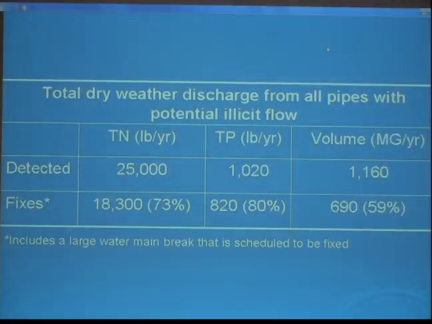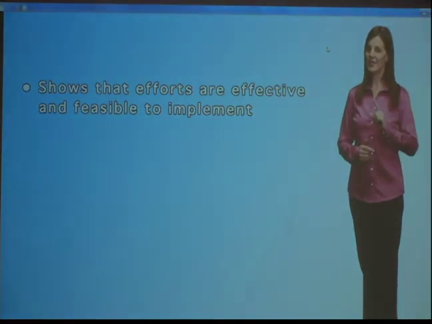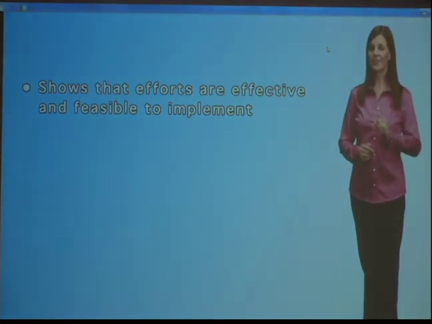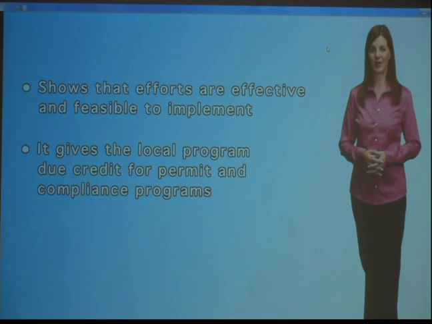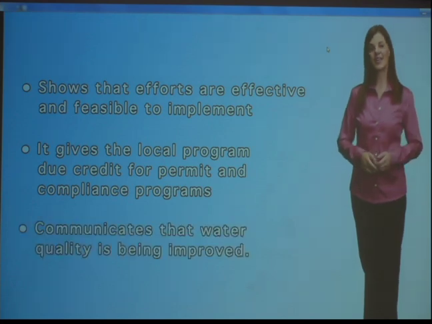It is also important to quantify and accurately report on the problems fixed and the pollutants eliminated. This shows that these efforts are effective and feasible to implement. It gives the local program due credit for permit and compliance programs, and communicates that water quality is being improved. To learn more about IDDE and other strategies we can use to protect and promote clean water, follow the links on the right side of the Center for Watershed Protection.